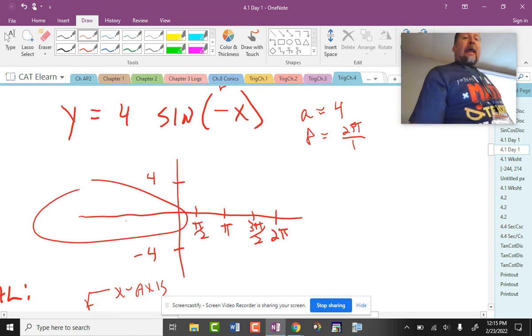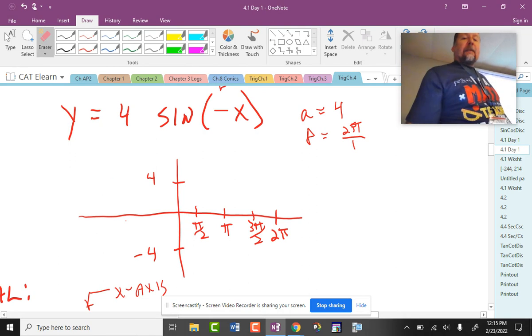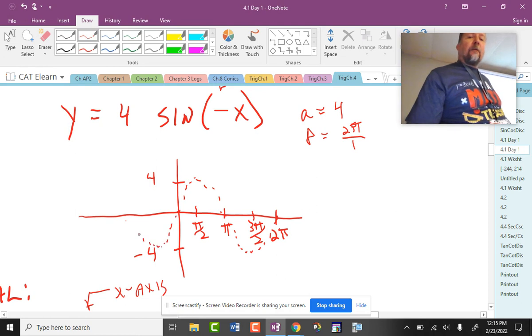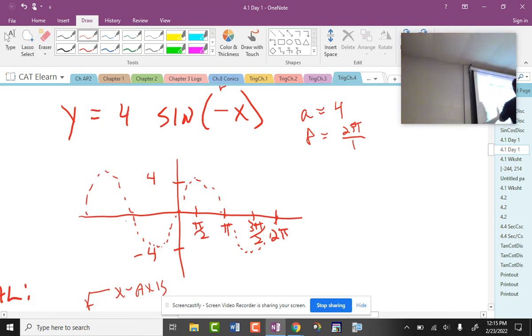All right, but now imagine a y-axis reflection. This would have been the graph, because it's sine, bowl, bowl. Okay, but then this would have been the graph over here. When I y-axis reflect, this bowl gets reflected over here and it's actually upside down.